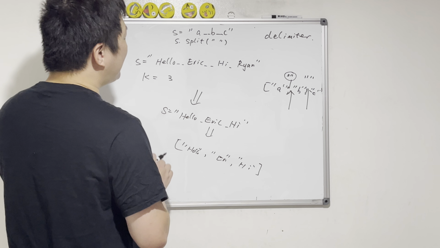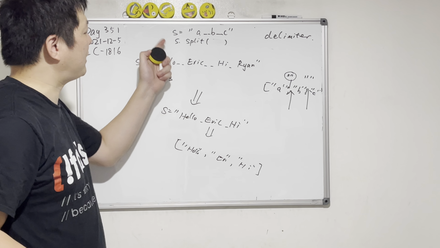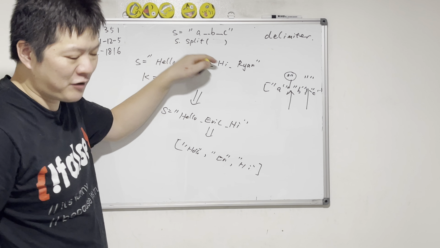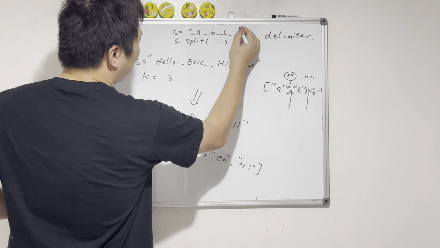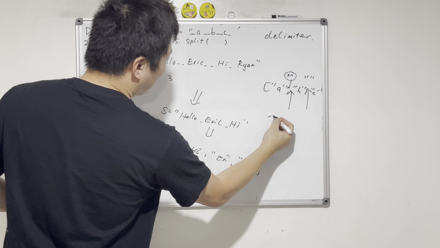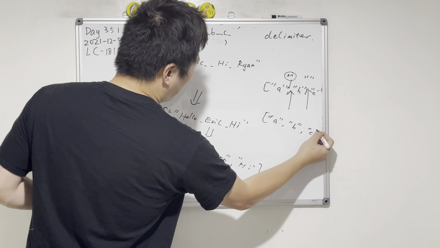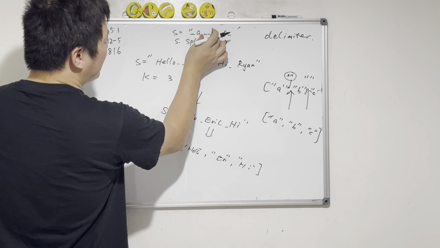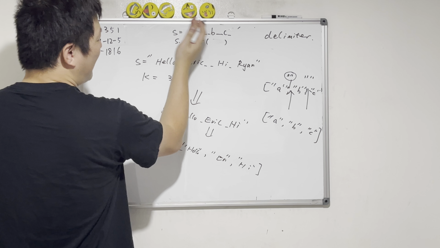So the key thing here is that we don't give it a parameter. We just call S dot split, and it ignores extra spaces, even those before and after. You would still get A, B, C, even with multiple spaces between words.